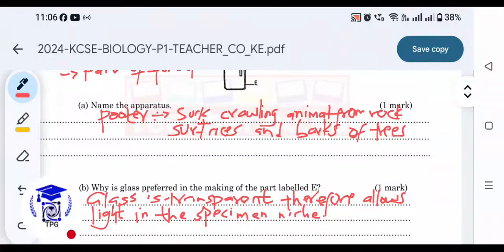So that is the role of the glass. It is transparent and therefore allows light through towards the specimen. So we will continue.